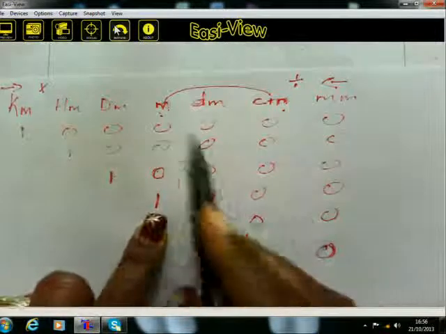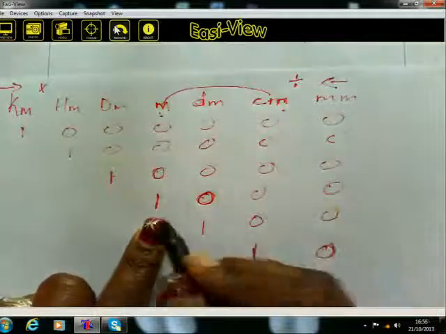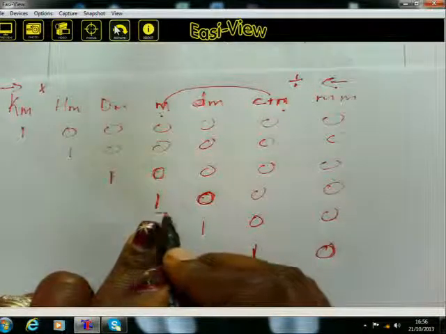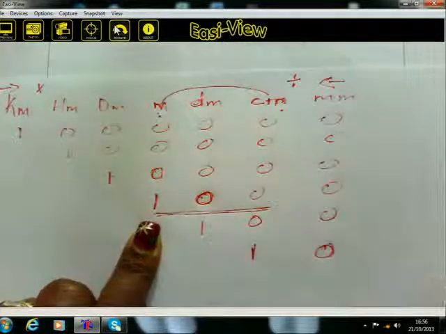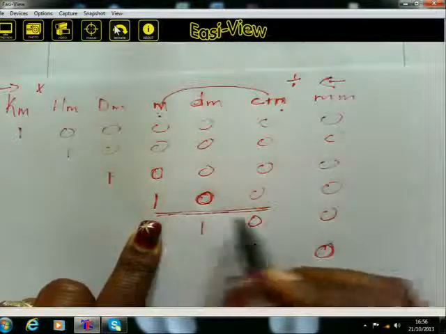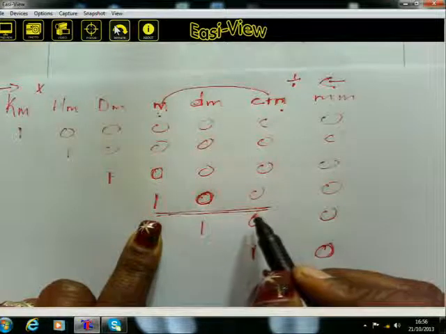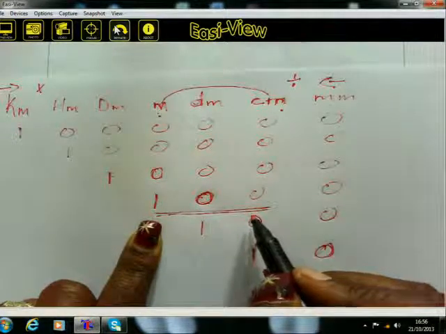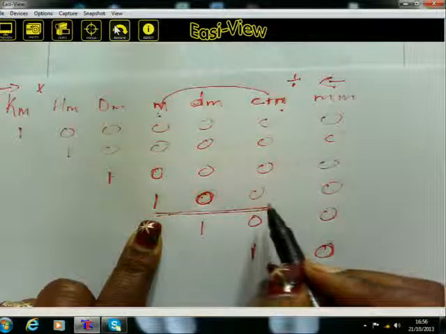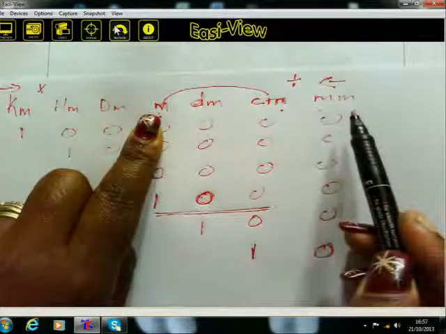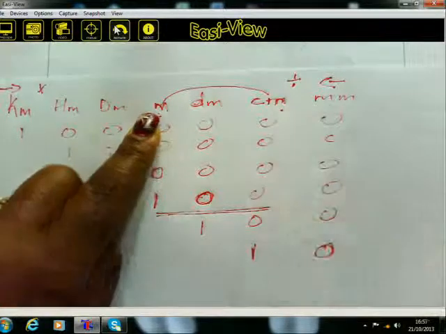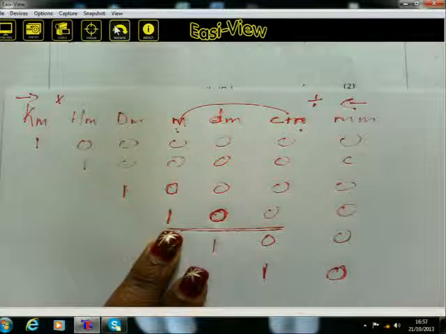When you convert meter to centimeter, you move only by 100. So when you move by 100, you need to know whether you are multiplying or dividing. Because you are moving from left to right, it means that you have to multiply. So you are going to multiply by what?